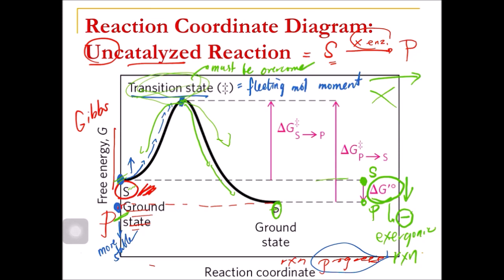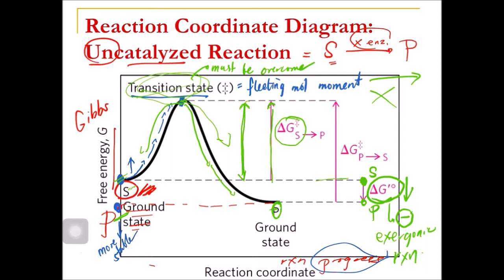And then, ano pa yung important dito? Ang important din dito, class, is yung na-consume na difference para ma-overcome ang transition state. So, anong tawag natin sa range na ito?